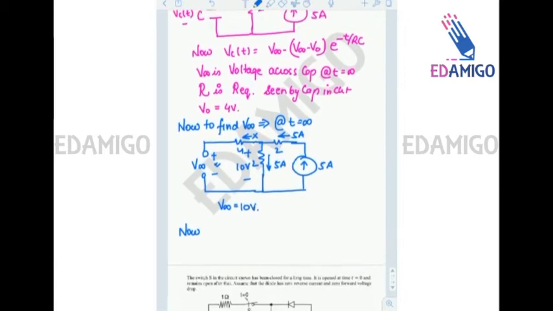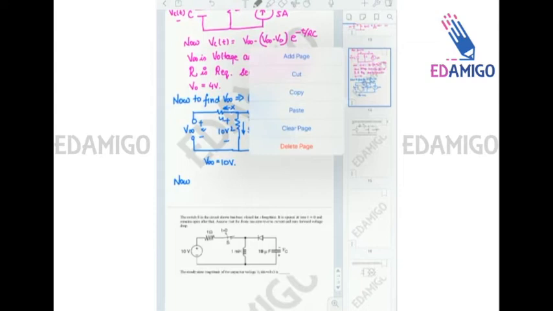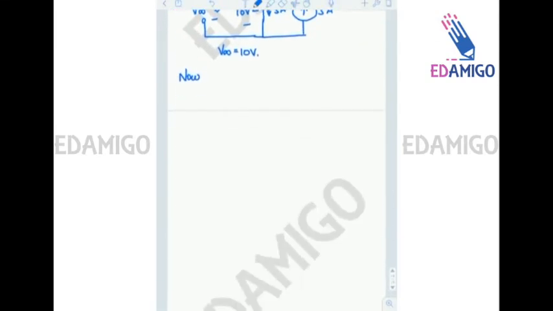Okay, now to find out R equivalent, I will just add a page here. R equivalent is the resistance seen by the capacitor in the circuit.